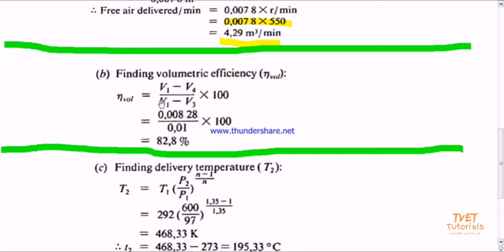Also calculated V1 minus V2, V3 rather. So this is what we got. We're going to multiply everything by 100% to get efficiency. So this is the volumetric efficiency, the ratio of the volumes times 100. And you get yourself the volumetric efficiency. This was straightforward. Let's take the formula.